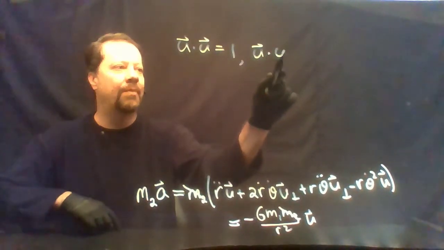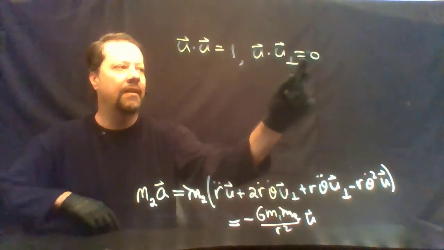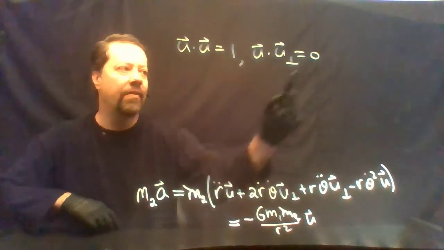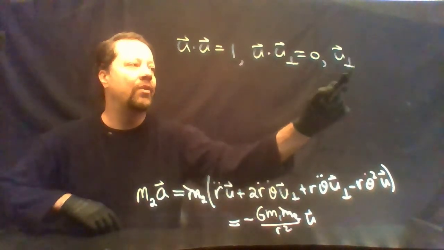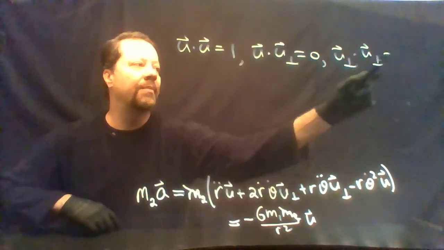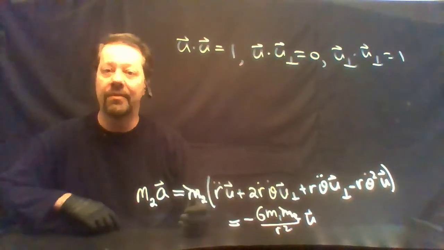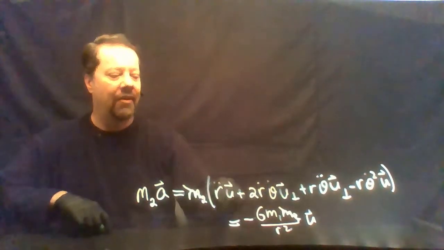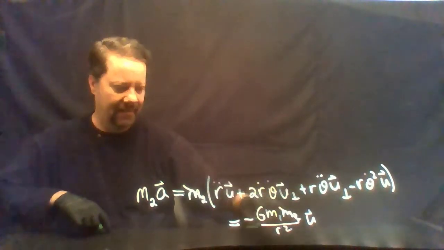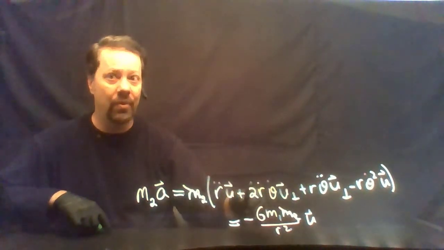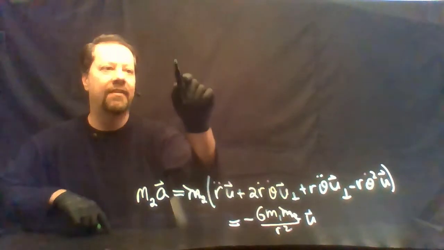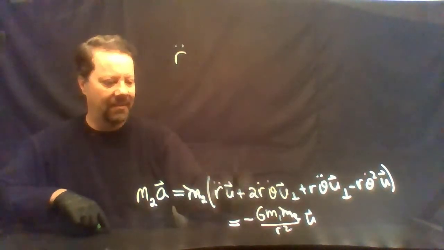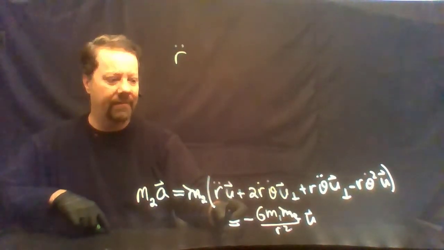U dot u perp is 0 because these are orthogonal, and u perp dot u perp is 1 because u perp is also a unit vector. Now, if we dot everything in sight in this equation with u, we'll have r dot dot because u dot u is 1.